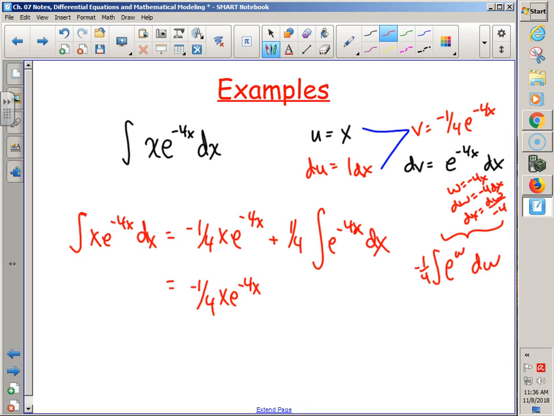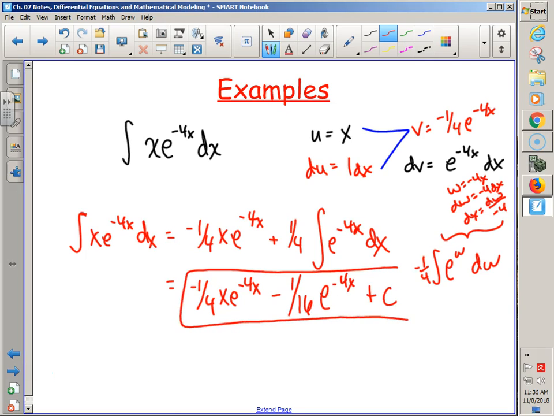Oh, from there, uv minus integral of v. Minus a negative is a plus. Need a negative 1/4 for my u sub.